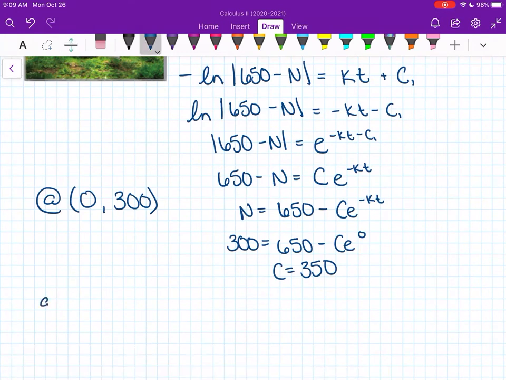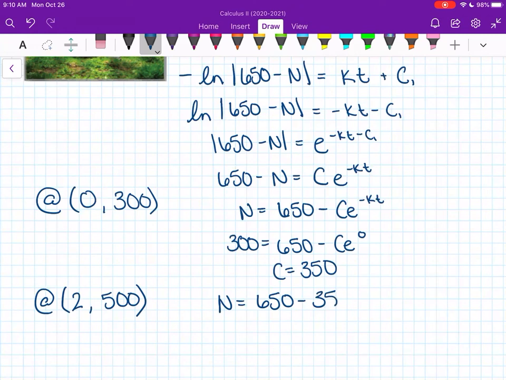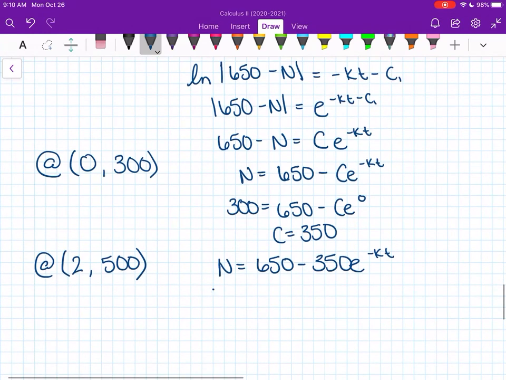So now the next point they said was at t equals 2, my population was 500. So now my equation is n equals 650 minus 350 e to the negative kt.